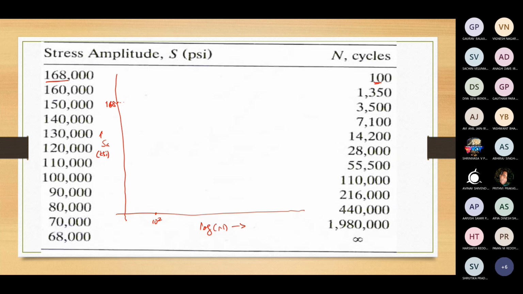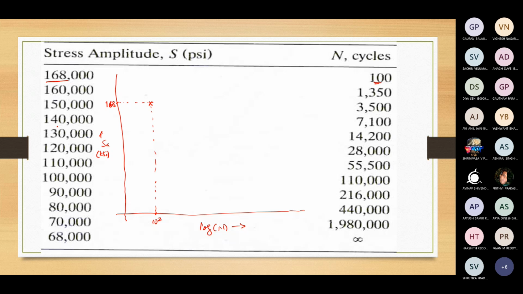As per scale we have to mark. If you mark as per scale, this is nothing but the SN diagram data given in this table. So if you operate at 168 KSI, you apply that much stress over the component, you are going to find the life of 100 cycles.